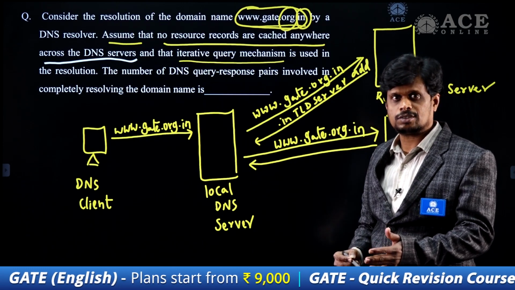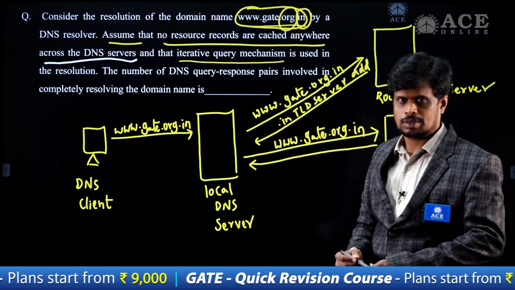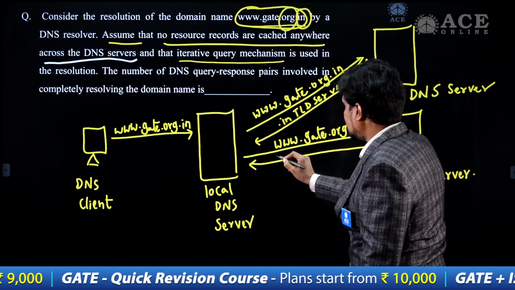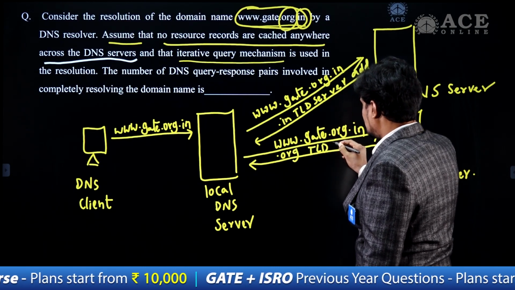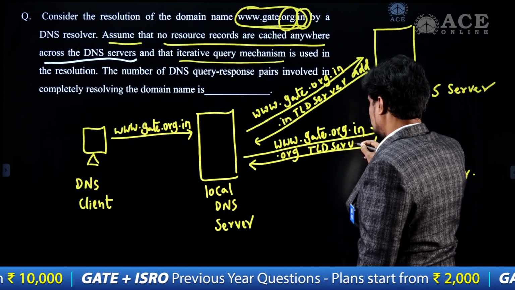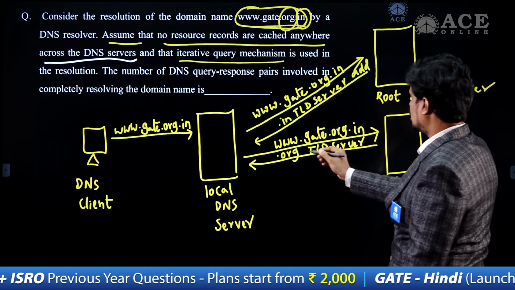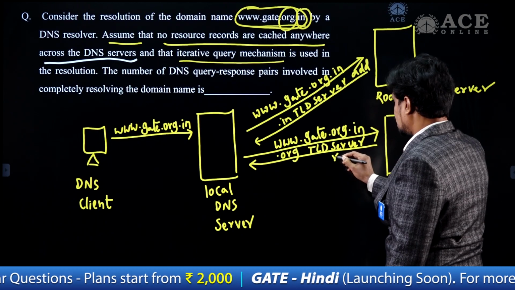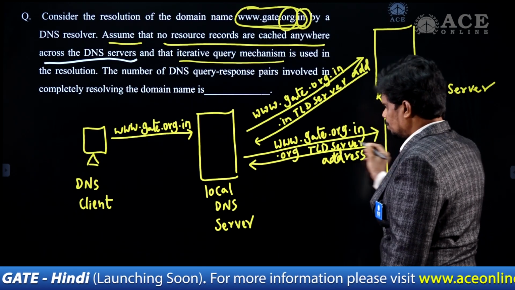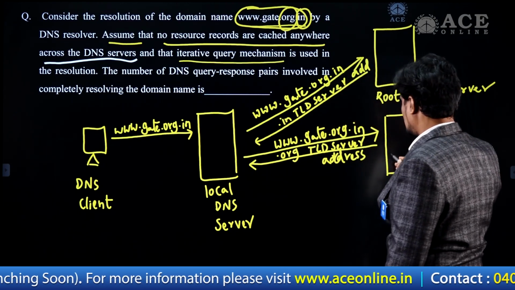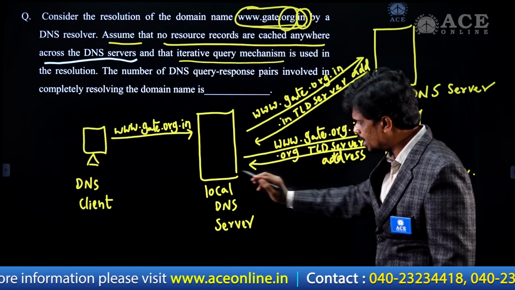So you can call it the secondary TLD server. The reference address of that .org TLD server can be given by this .in TLD server to the local DNS server.